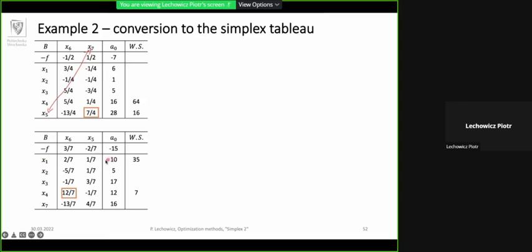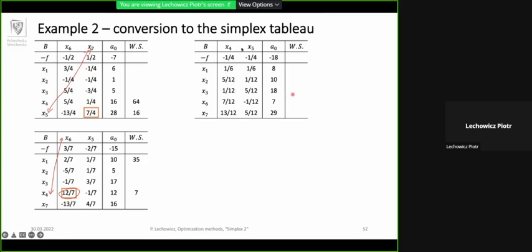So here we have 10 divided by 2 divided by 7, so it's equal to 35. Here we have 12 divided by 12 by 7, so it's equal to 7. So this is the lower value, so we are selecting this row. So we are introducing variable x6 into the base instead of x4. So we need to make a pivot on this element.